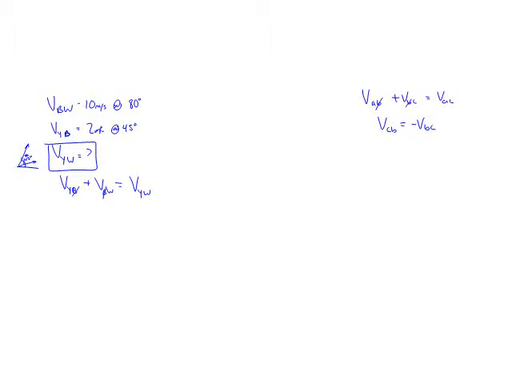Now, the problem with this is when we do plug it in, we have 2 meters per second at 45 and 10 meters per second at 80. So we have these in vector form. Remember what we do when we add up vectors? Components, cosine, sine, all that nonsense.